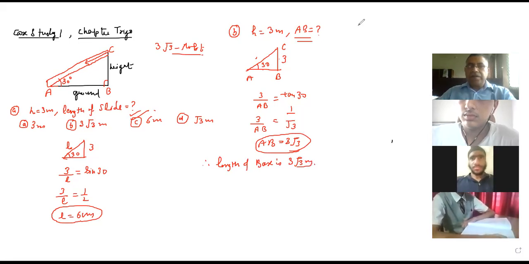Next is C part of the question. So this is the case study questions. I'm just giving you a hint how the question will come for the case study. So Janvi Sahdev, this is for you.